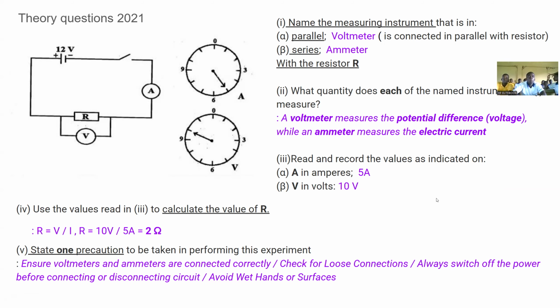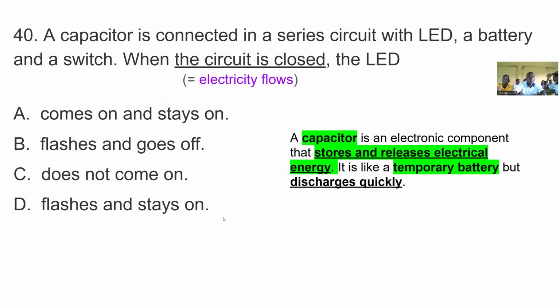Okay, move on to this capacitor question. A capacitor is connected in a series circuit with an LED, a battery, and a switch. When the circuit is closed, the LED, so you need to know what a capacitor is.